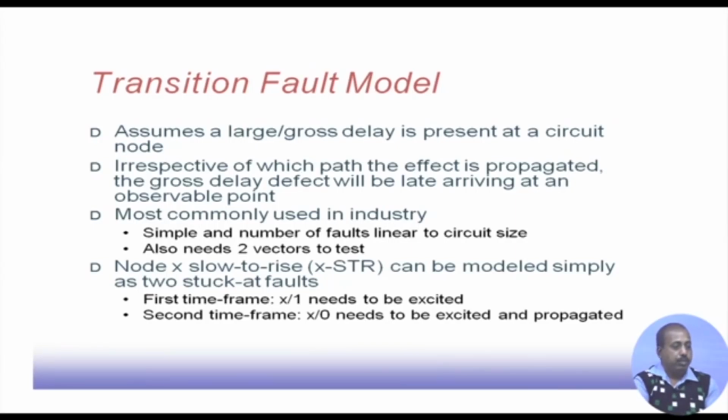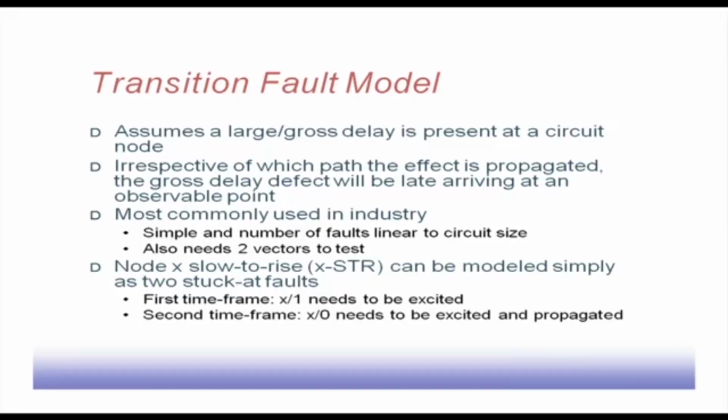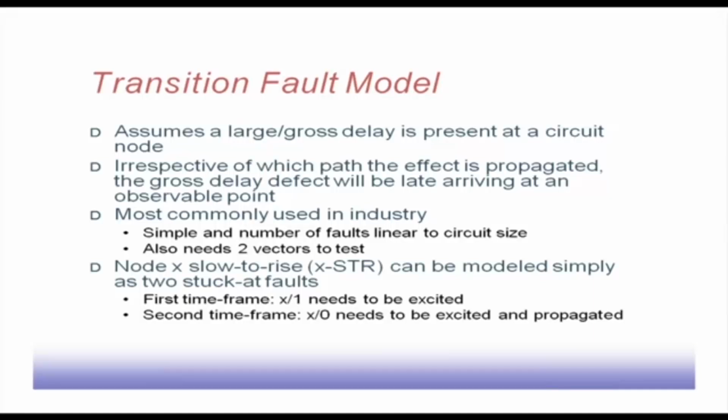Another type of delay fault, which is quite common and mostly used in industry, is the transition fault model. What it assumes is that there is a large or gross delay present at a circuit node. So, one particular circuit node has a very large delay. If one particular node has a very large delay, then the other delays in the circuit become insignificant.